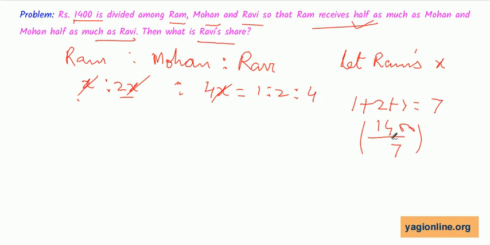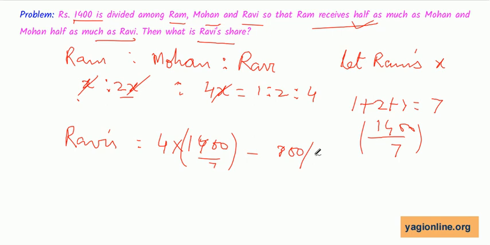So Ravi's share will be 4 units of the profit. And what is 1 unit of profit? It is 1400 by 7. So this comes out to be 800. So this is how we can solve these problems of partnership.